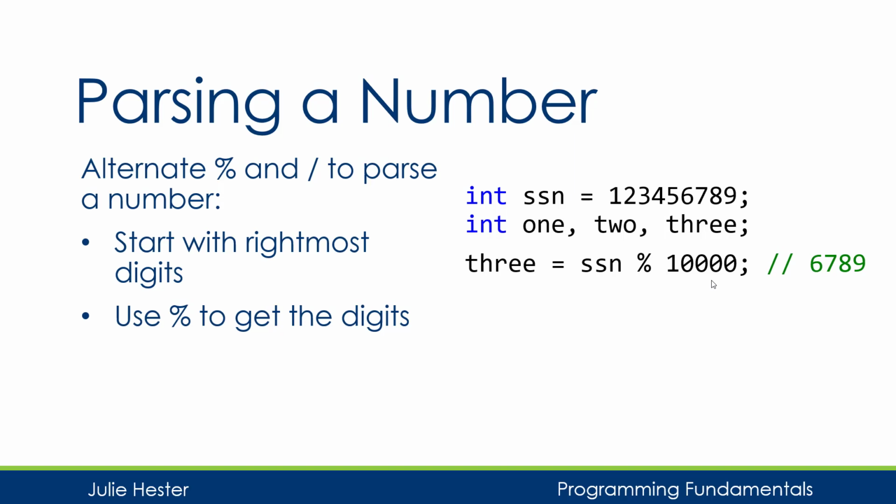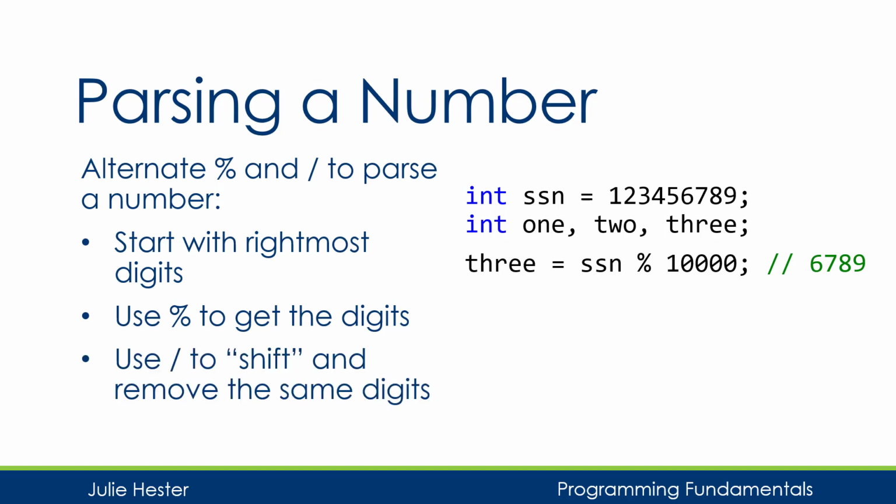Now that we have gotten the 6, 7, 8, 9 out of the number, I want to discard them. And so I'm going to use integer division now to get rid of the remainder, or we could also call this a shift, where we're shifting the number over. I want to remove the same number of digits I just extracted.